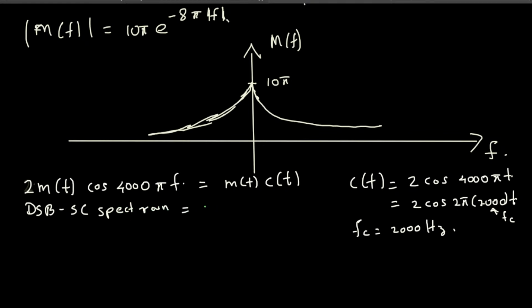It's going to be just a shift by the carrier frequency, that is M of f minus fc, and then plus M of f plus fc. So you see that it's going to be shifted right and left by 2000.